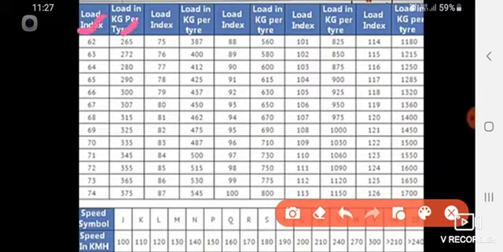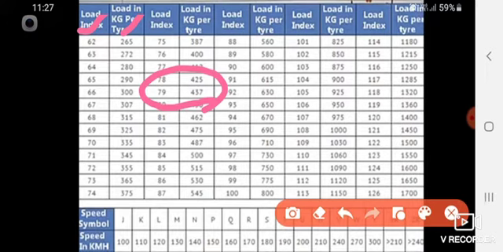So from this we can find out what 79 indicates: 437 kg, means 437 kg per tire is the weight of a vehicle that can be borne by a particular tire.